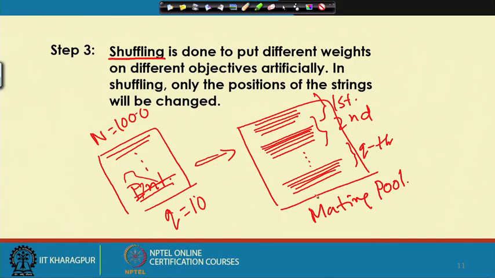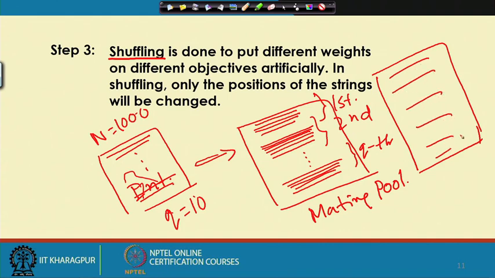Once you have this shuffled population, it is going to participate in crossover and mutation, and that completes one iteration, or one generation, of this GA.